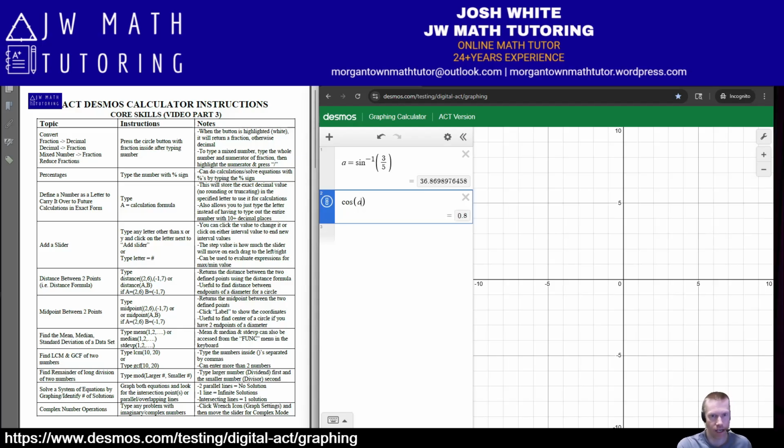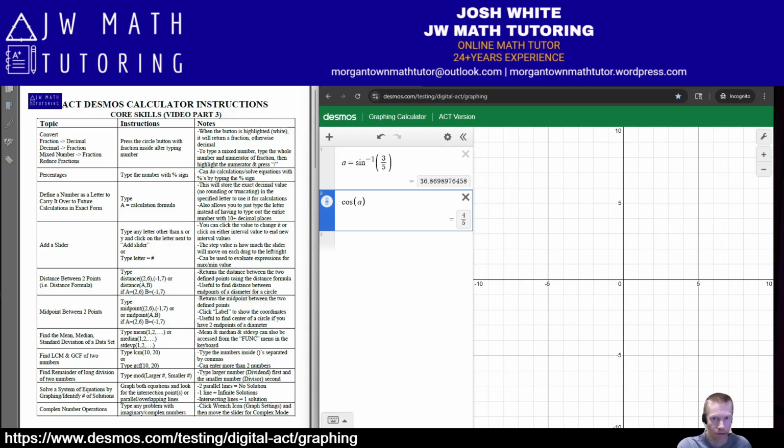And then it gives me the answer, which is 0.8 or 4/5, because this is basically a 3, 4, 5 triangle that I've set up here. So the whole point is you don't need to retype the entire decimal with rounding or truncating and potentially make an error. You just define any value as a letter, and then you use that letter for any future calculations you need to do, and it does the exact value.